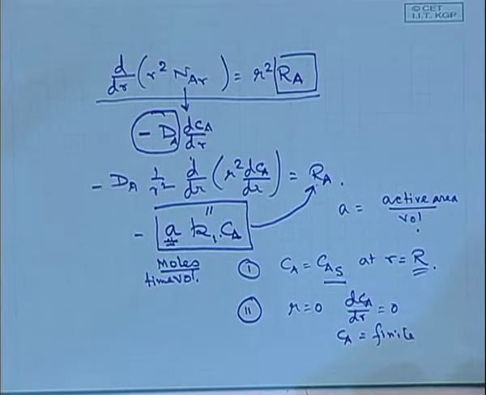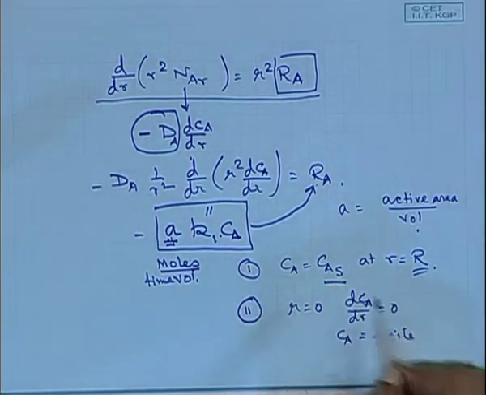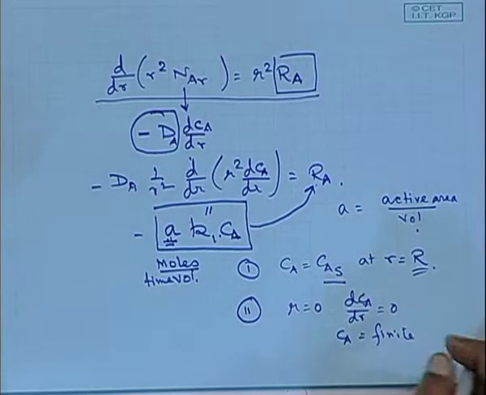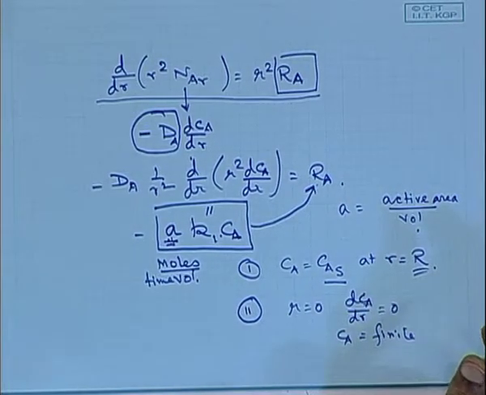Exactly similar way, this is a spherical system. At the surface, either your concentration would be specified, or you can use a convective mass transfer condition at this surface, but at r equal to 0, C has to be finite. So, those are the two conditions which can be used.